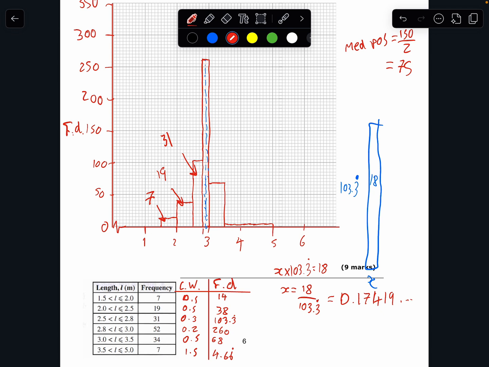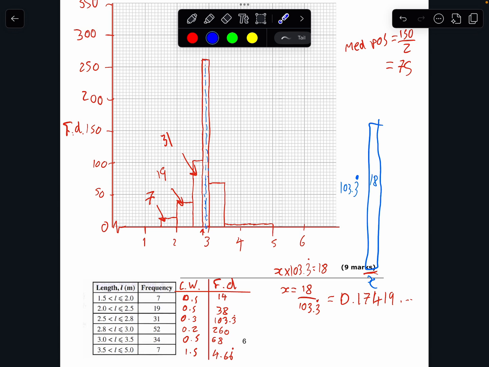So remember this here is already at 2.8. So what we're going to do is we're going to have to add that part on. So I'm going to do 2.8 plus this distance x, and that's going to tell me the coordinate of the point here.